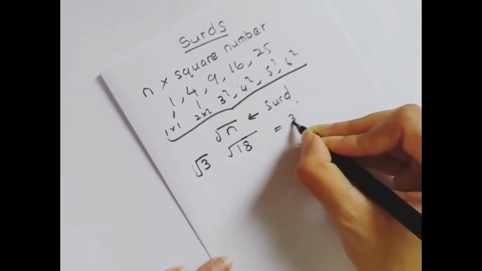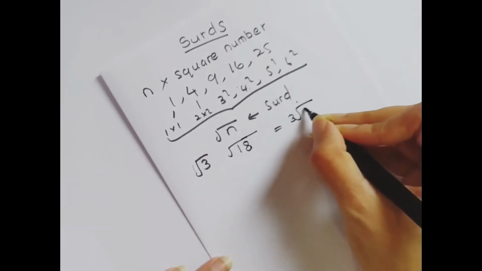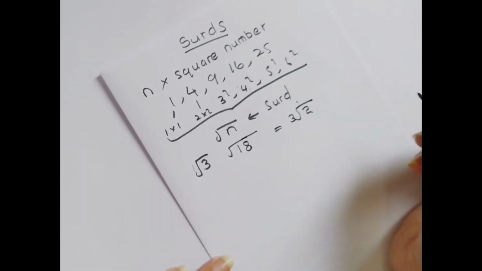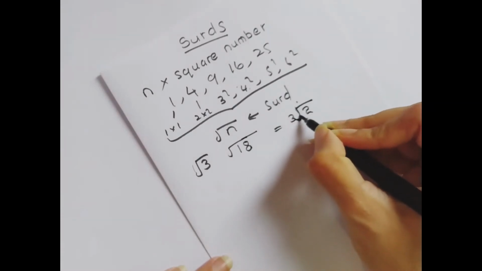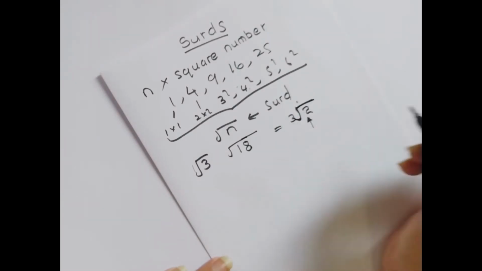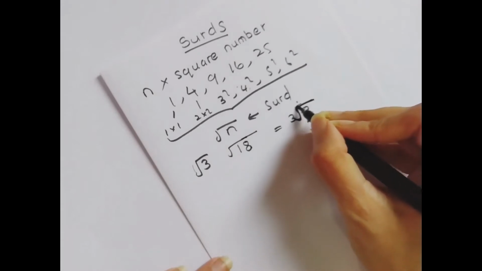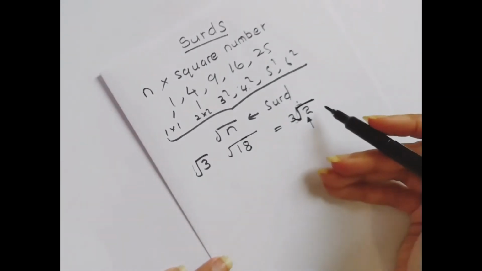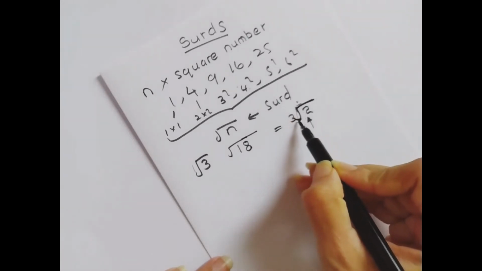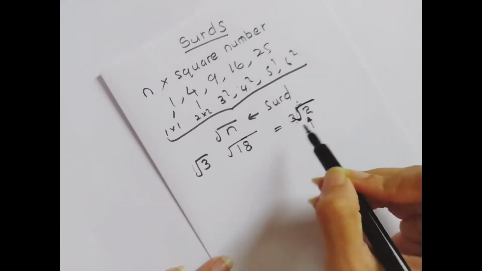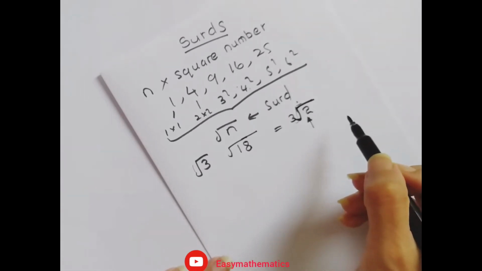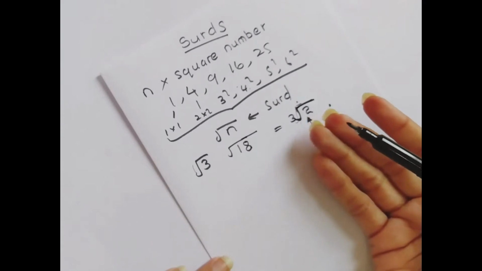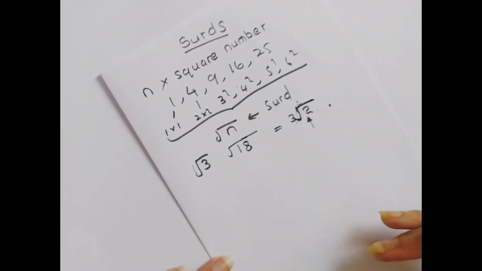So 9 into 2 means this will be 3 root 2. So still you have this surd. Still you have this square root. If the final answer you're keeping is a square root, then we say it is a surd. If you cannot simplify further and the final answer is a square root, that is a surd.